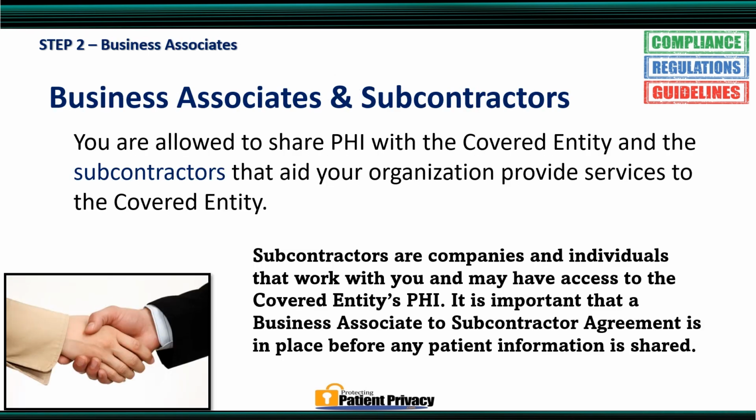As a business associate, you may have what we call downstream subcontractors, someone that your organization hires to review or help you with the work that you're doing for the covered entity. They must also be covered under HIPAA. Make sure your HIPAA compliance officer is aware of anyone you are using that could access the client's network or patient information to let them know that they need a subcontractor agreement in place.